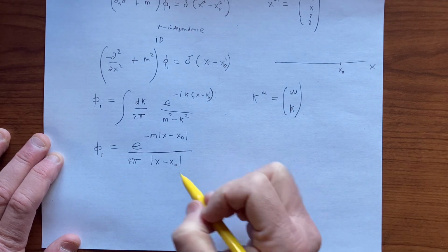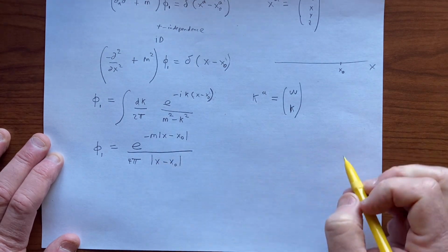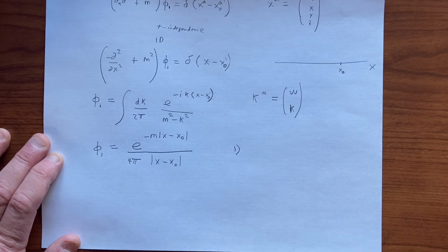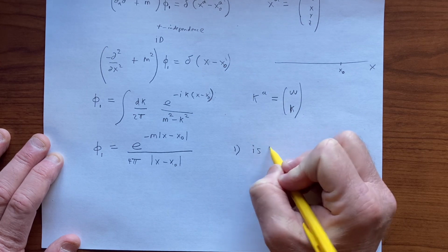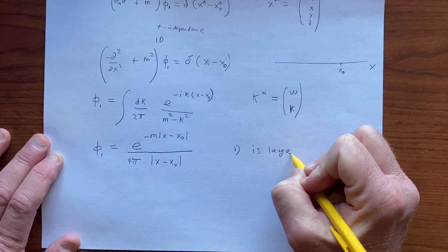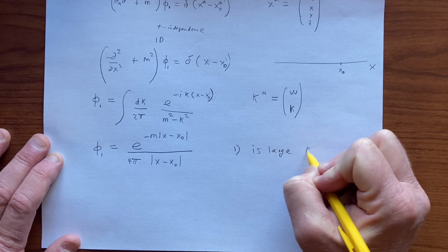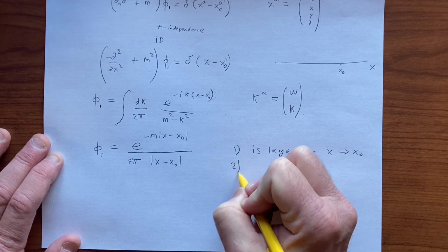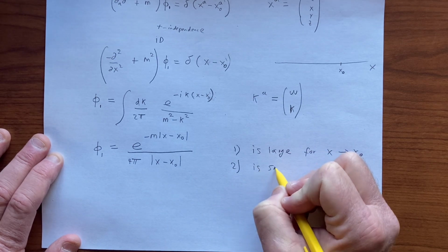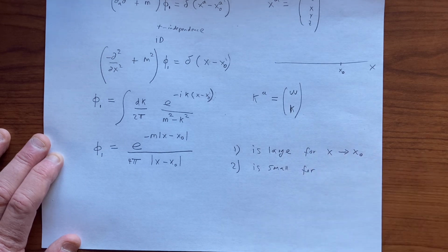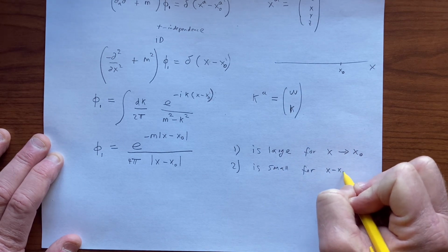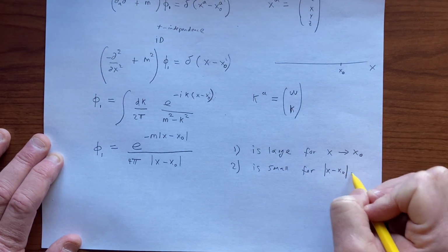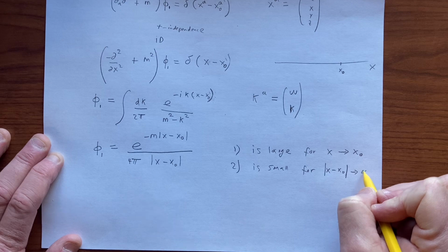So the effect on the field at x due to the disturbance at x naught has these features, where we can see that the disturbance is large for x approaching x naught, and is small for x minus x naught in either direction, right? This way or that way, so the absolute value as this goes to infinity.